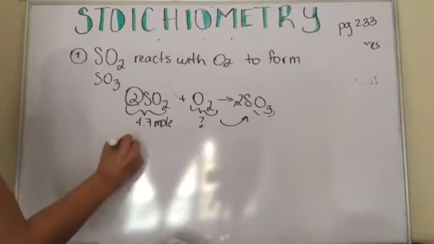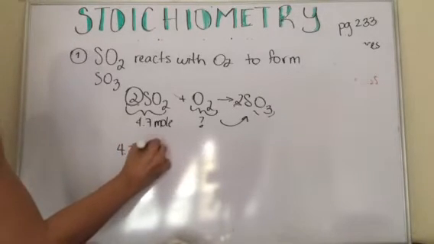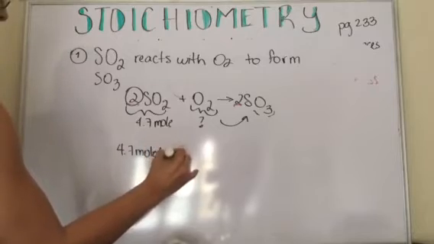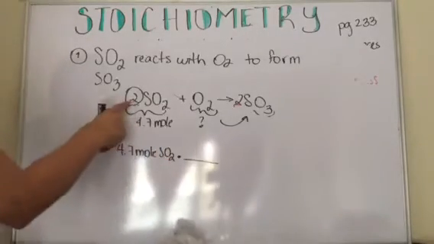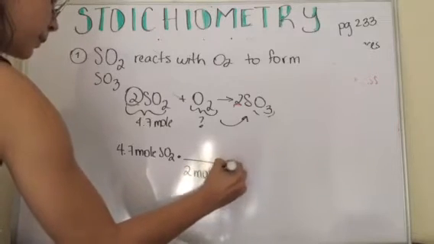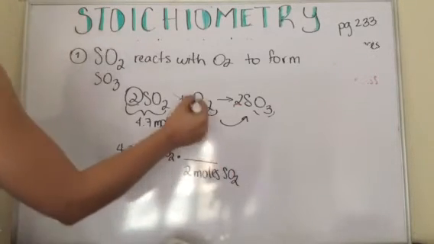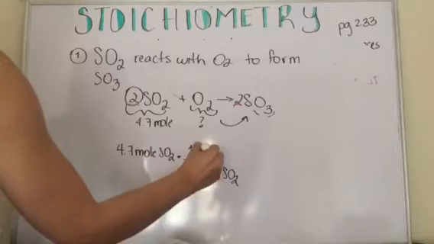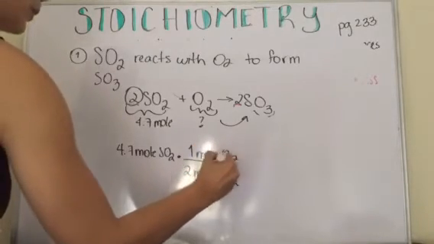I have 4.7 moles of SO2 times, I have 2 moles of SO2 and only 1 mole of oxygen, of O2.